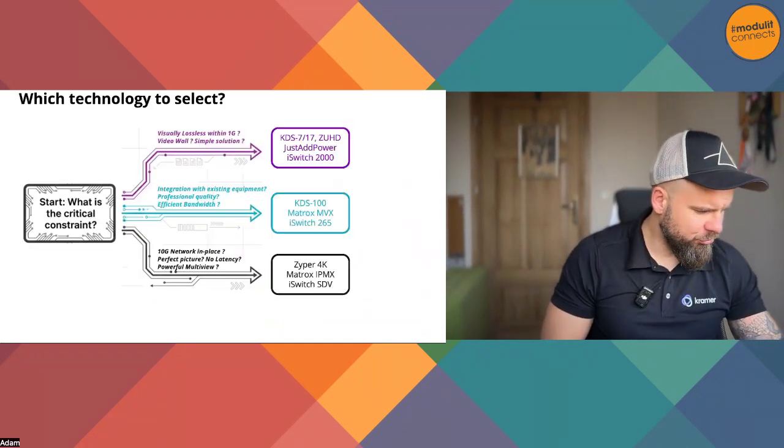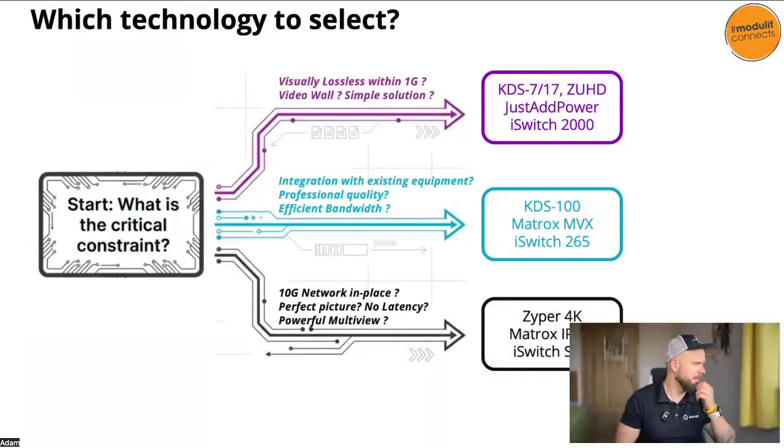So which technology to select here? What's the critical thing in our project? We need to ask some questions of ourselves, our partners, and end users. What's the key thing for the AVoIP distribution project?